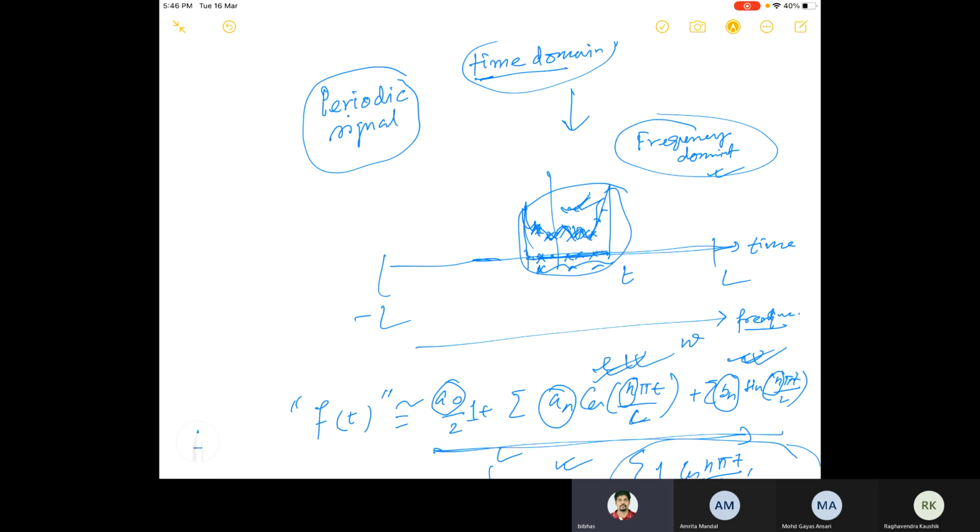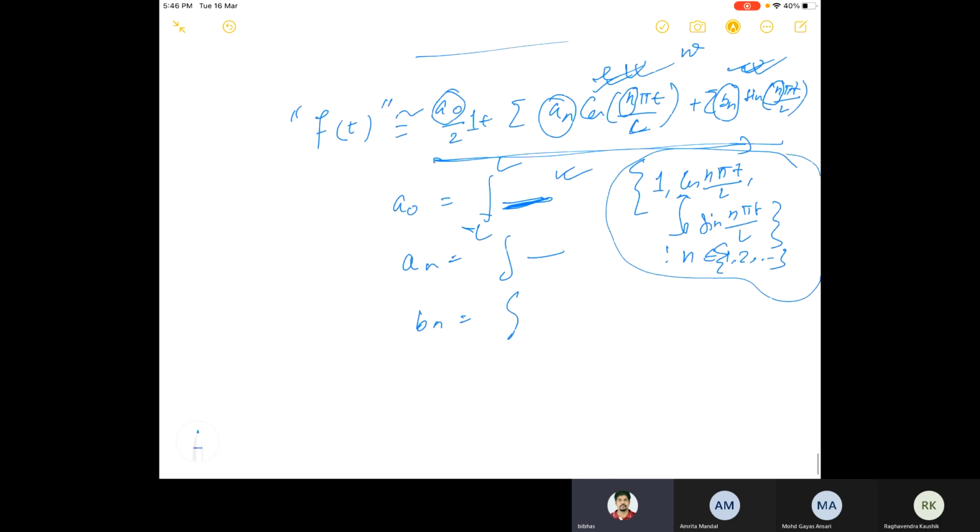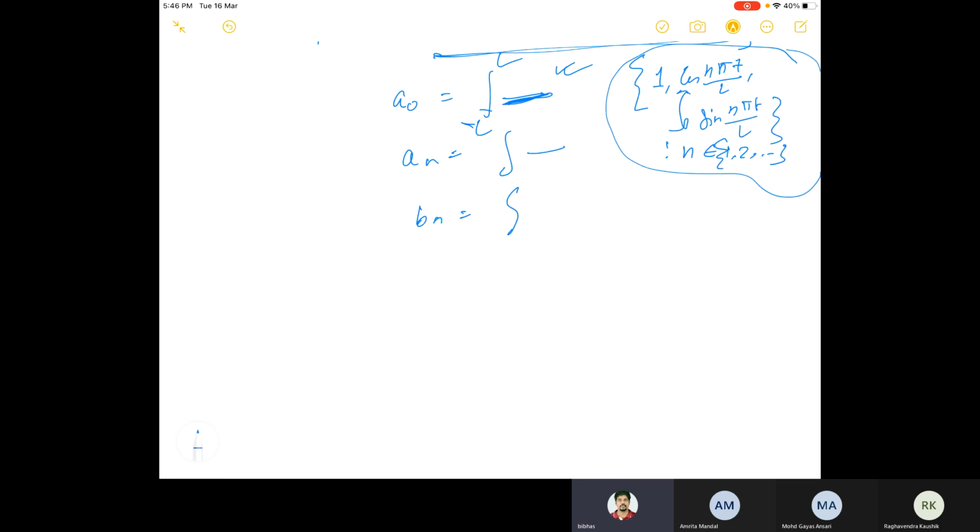Now what is called the Fourier transform, or something called the discrete Fourier transform? As I said before, even if you have a continuous signal, when you monitor it using some kind of machine, you always have time which is discrete.